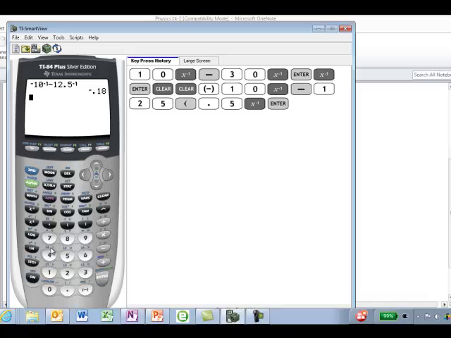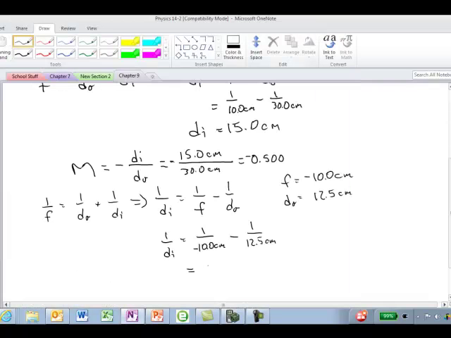If we take 1 over that, we get minus 5.56 centimeters for our image distance. That means that the image is on the left side of the lens. It's on the same side as the object, but it's going to be smaller.